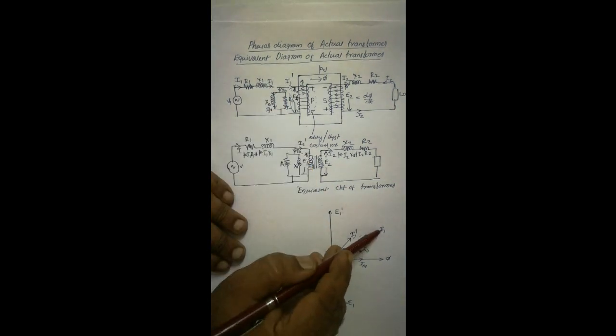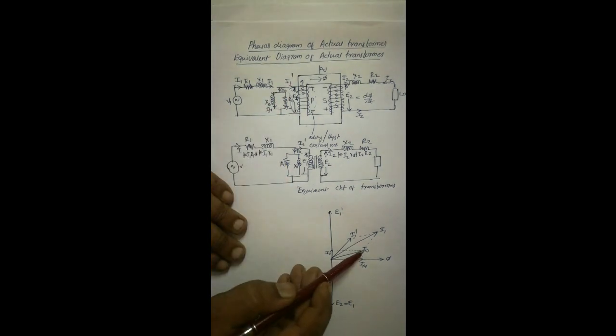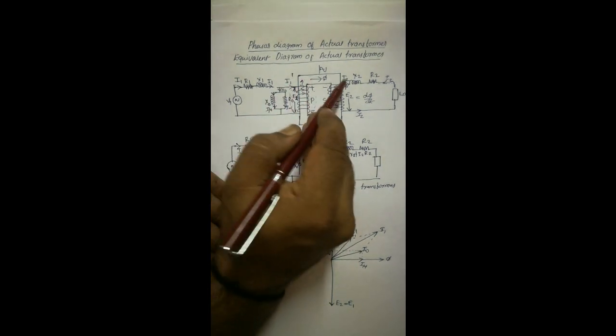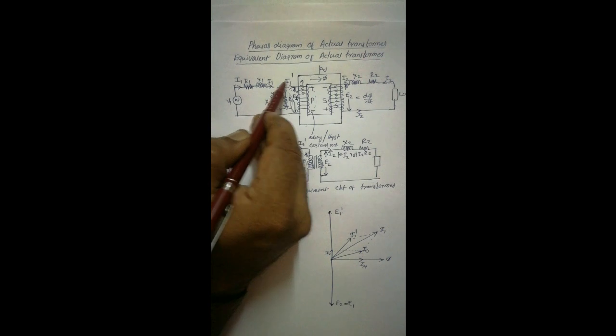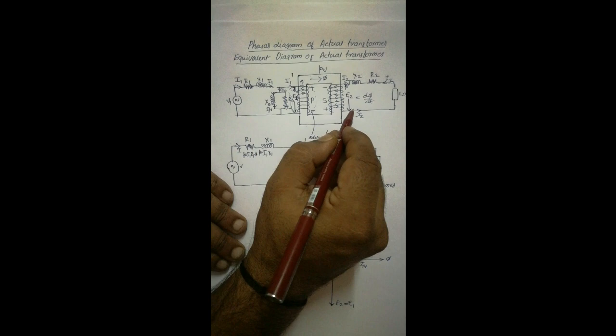I1 is equal to I0 plus I1 dash. I2 is in phase, but is opposite in nature because the current is going in the downward direction. That is, I2 we can write exactly opposite to I1 dash.